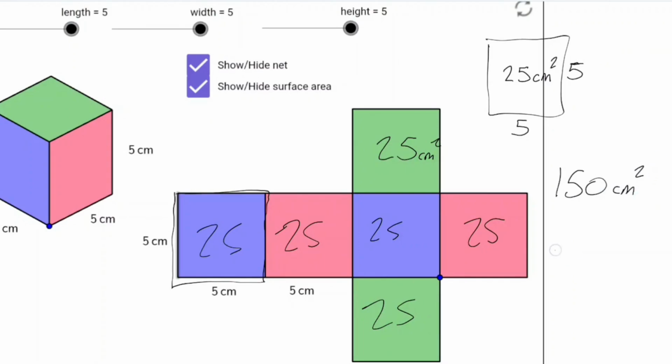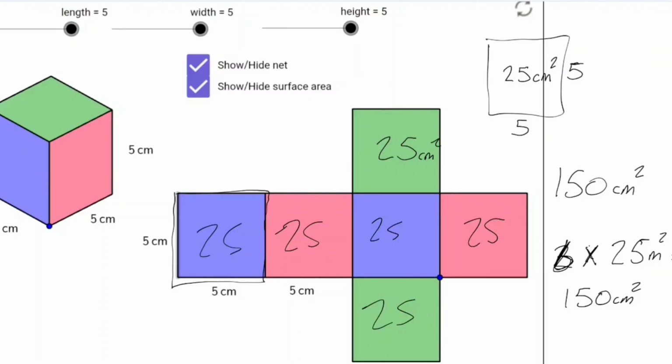Or we could just say 6 lots of 25 centimeters squared, which equals 150 centimeters squared. So that's how we calculate the surface area of a cube.